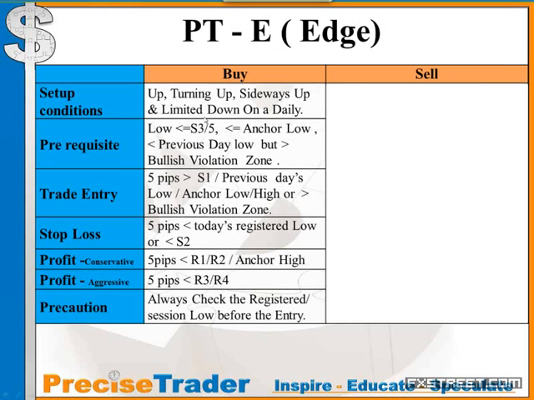So our first check is this, then the next check is to see whether all of this is fulfilled. Again, our trade entry is 5 pips greater than S1, previous day low, anchor low, anchor high or bullish violation.